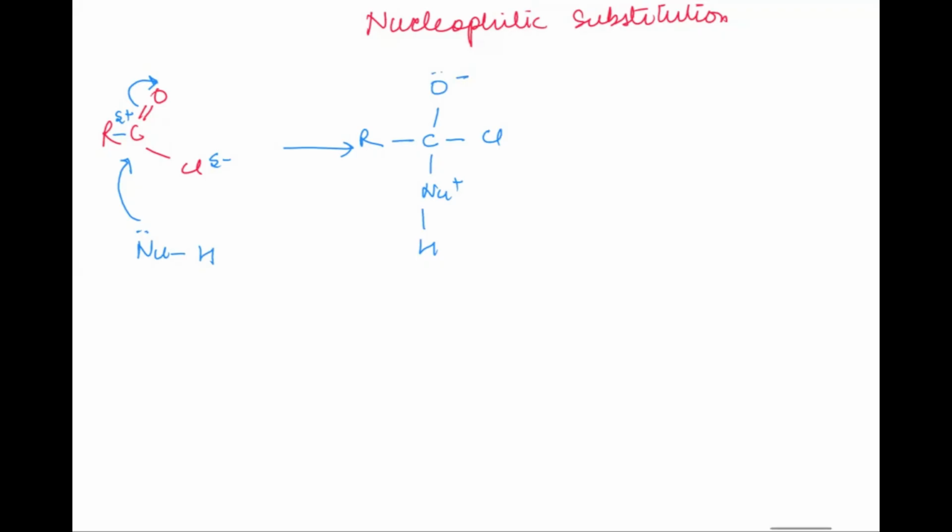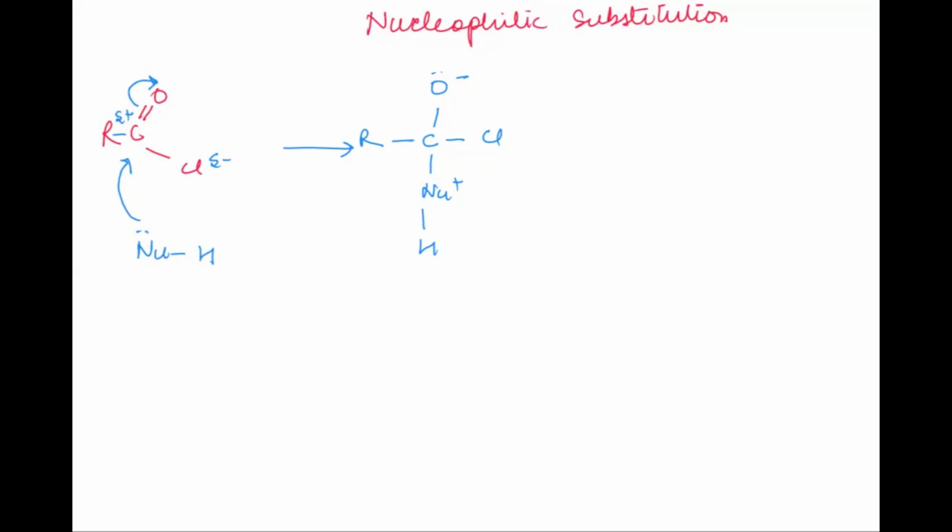Now, after this, slowly and gradually, when the nucleophile gets added, the pi bond between the carbon and oxygen breaks, and the oxygen acquires a negative charge that we have already shown. Further, the nucleophile donates a lone pair.